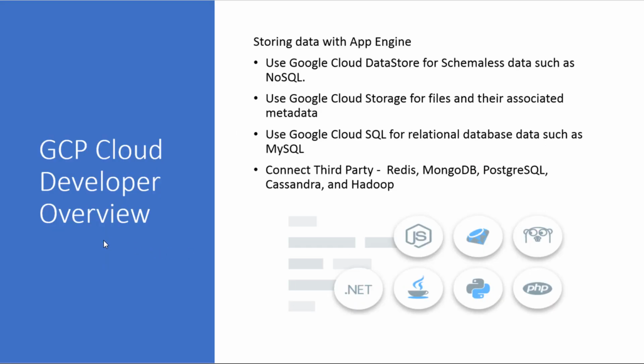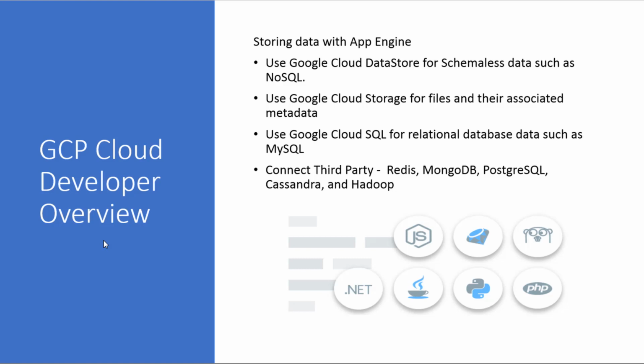Now, when it comes to storing data on the exam, this is one of the areas that we're going to cover pretty much over and over throughout the course because, again, App Engine and Kubernetes Engine are the focus of the compute services and the services that tie in with these services.